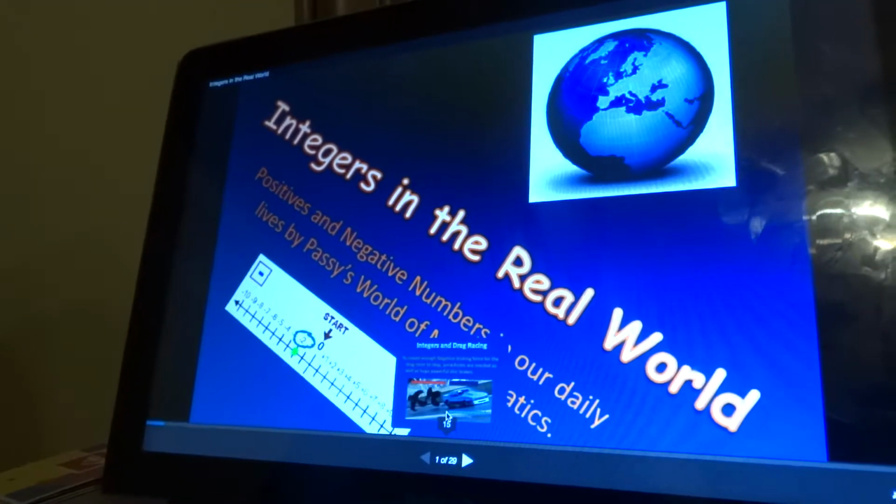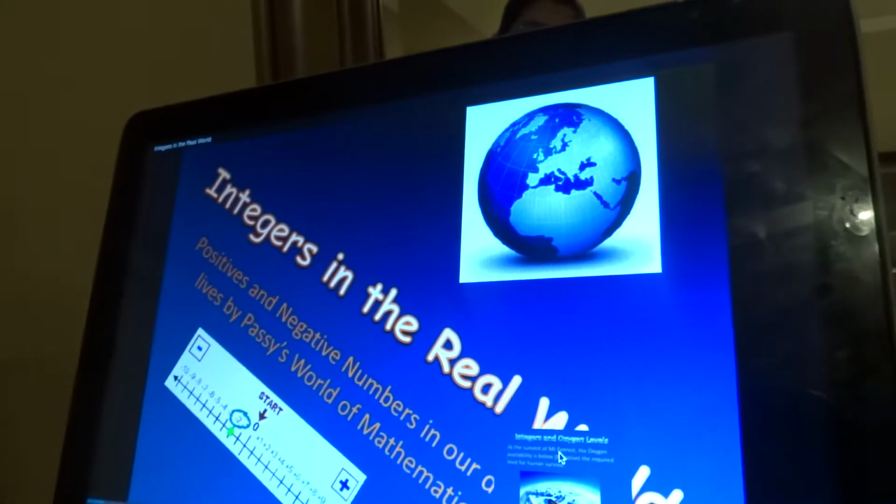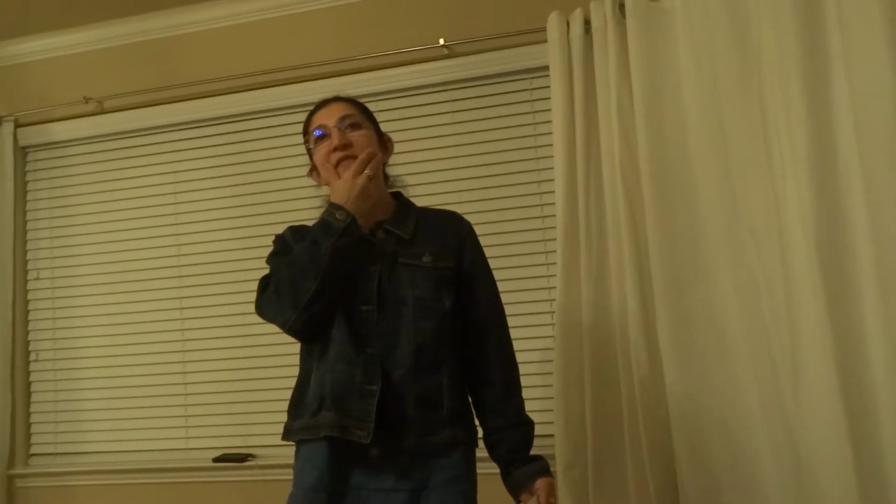Before the slide, I can first tell you your learning objectives for integers. You will be able to describe and give examples of how positive or negative numbers are used to describe quantities having opposite directions and opposite values.